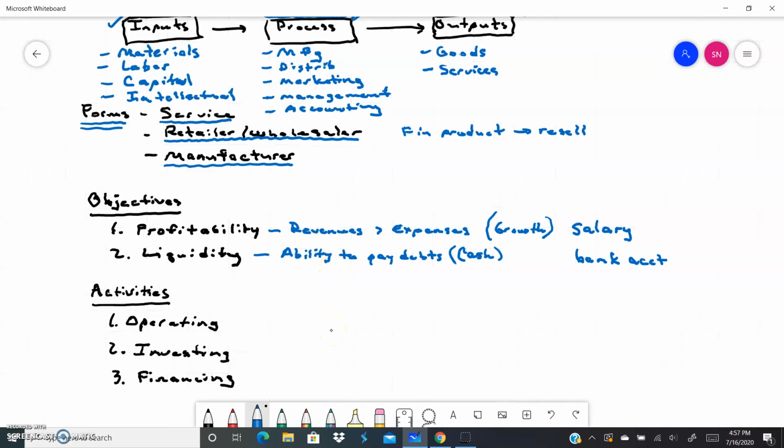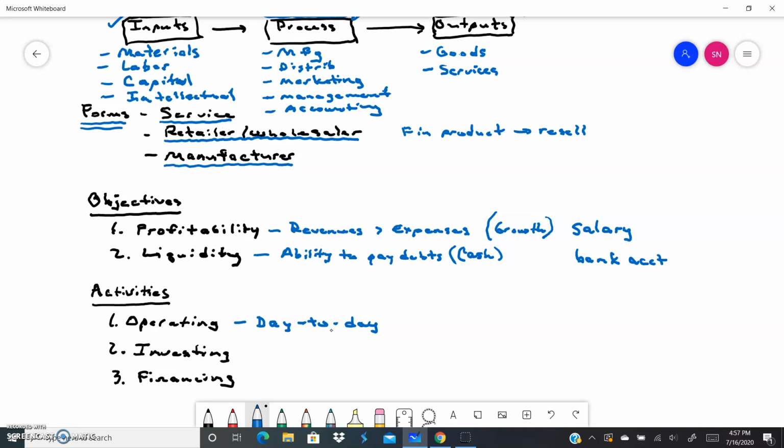There's also three activities that the business is engaged in. One is operating, and again, that's really more of a day-to-day functioning of the business. That is, again, doing all the things that are necessary to generate demand for your product, to source your product, and to be able to get it into the hands of your consumer.